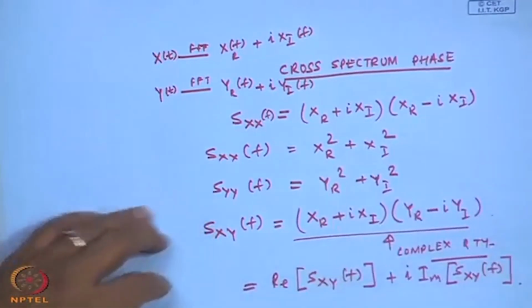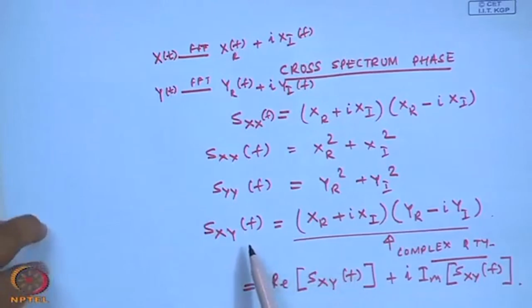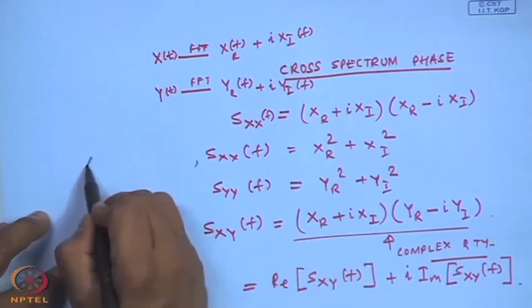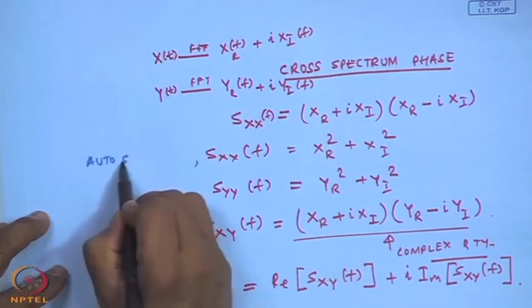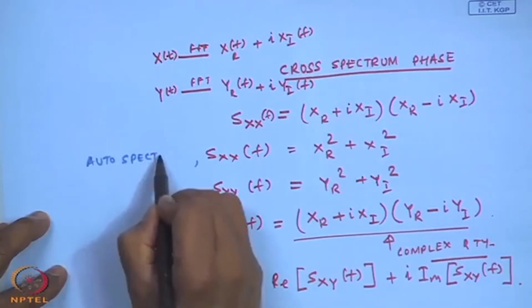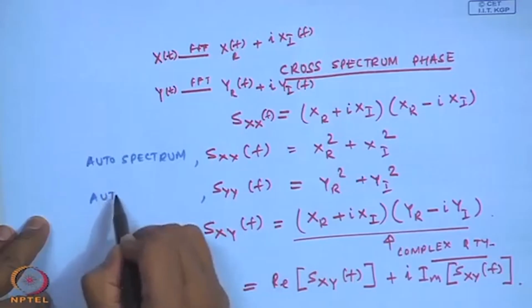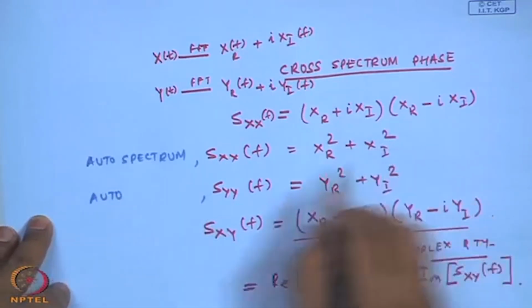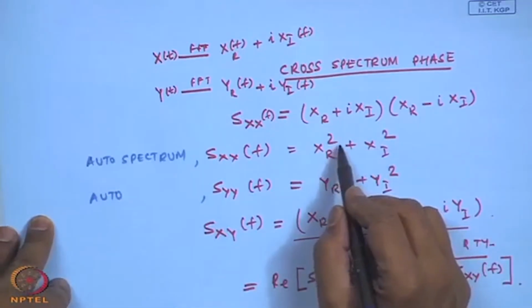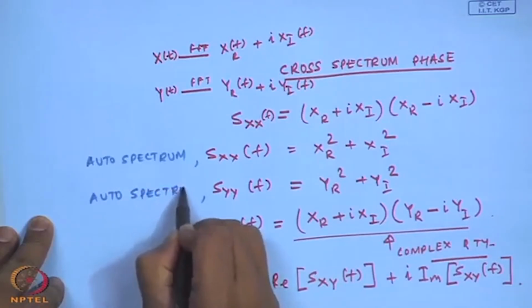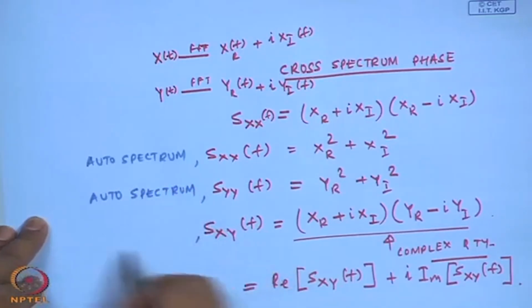So, the magnitude will be nothing of the cross spectrum. This is the auto spectrum. In other words, this is the power spectrum. If you look, the unit has squared, and this is the cross spectrum.